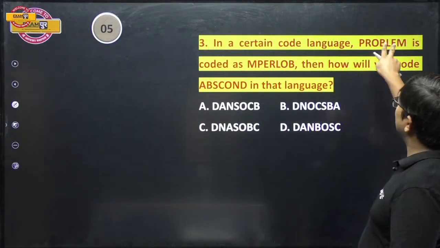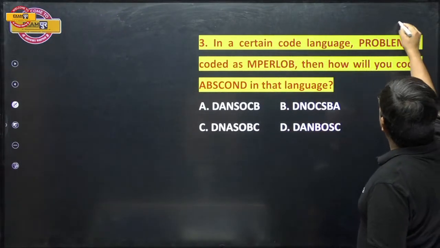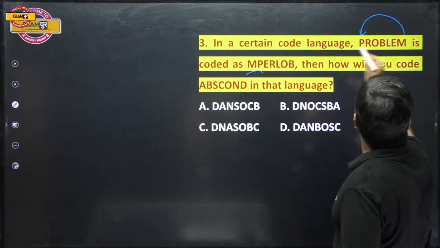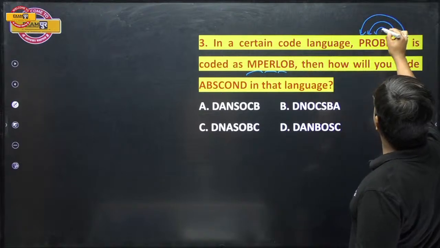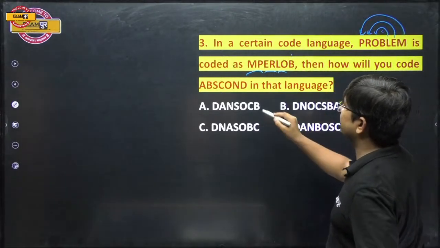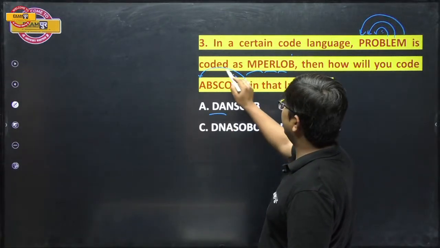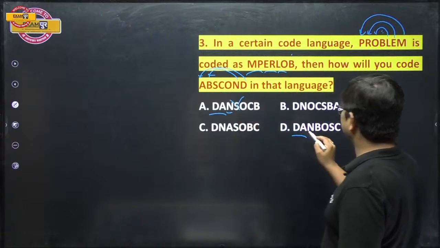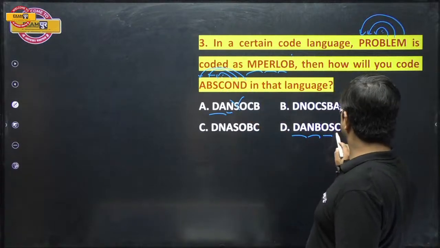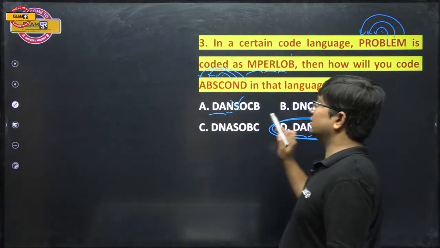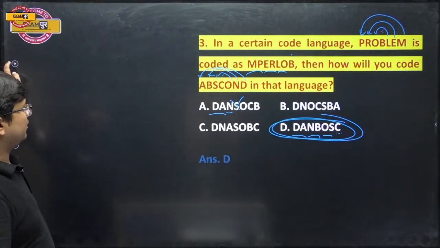The same letters which are over here, the same letters are over here as well. So what is being done? M to P, so MP, then E to R, ER, then L to O, LO, and then B is as it is. Similarly, D to A, DA, N to B, NB, O to S, OS, and then C over here, C over here. So therefore, the correct answer is option number D. Okay?